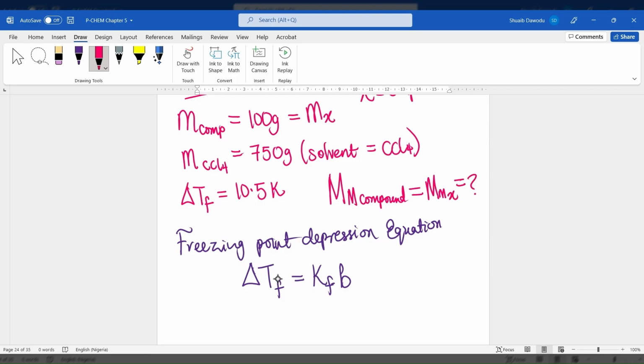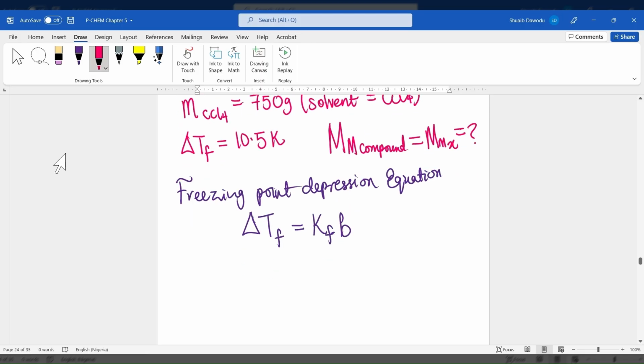Looking at this freezing point depression equation again, ΔT sub F is simply the freezing point depression value, so a change in temperature whenever the freezing point is lowered. We're told that was 10.5 Kelvin.